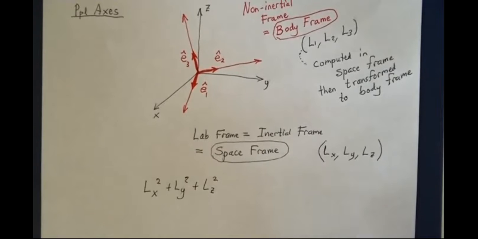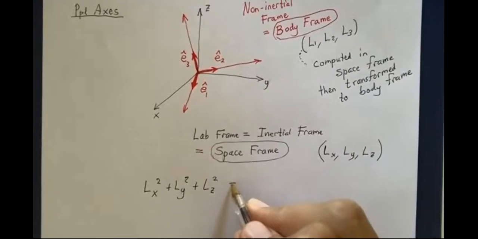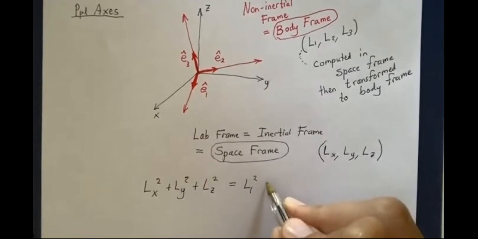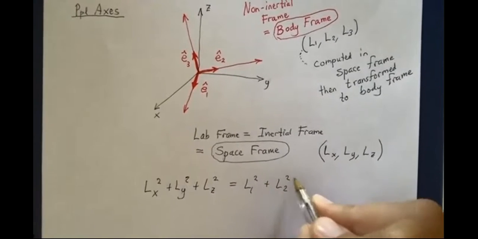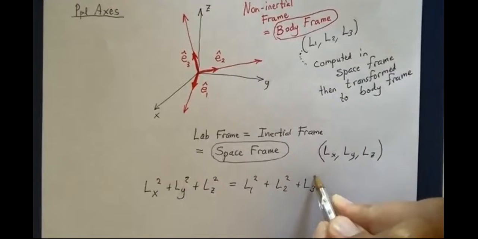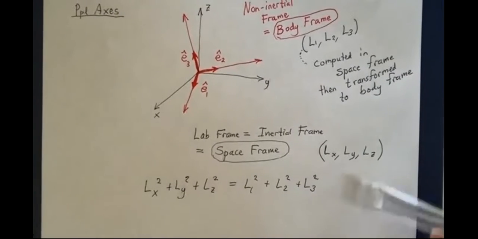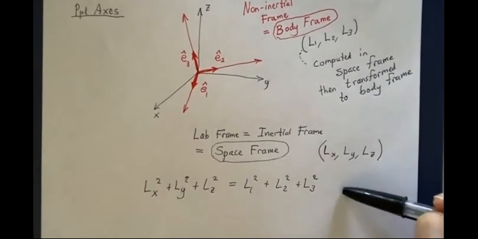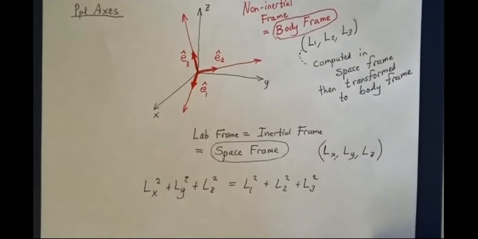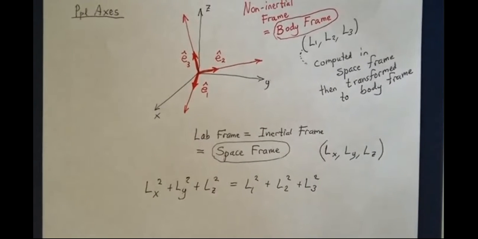That's the dot product of the angular momentum with itself. And so again, this is the rotational invariance of the dot product. The length of the angular momentum vector is the same in the black frame or the red frame.